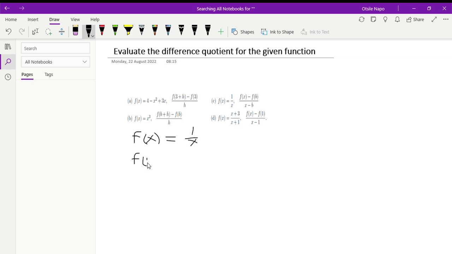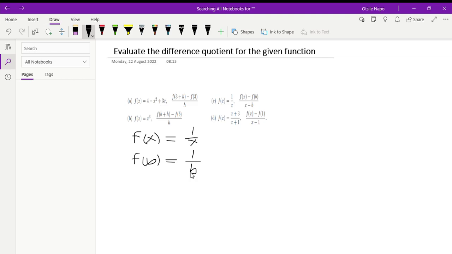So f of b equals 1 over b, because in f of b we replace x with b. So when we see x, we put b. Therefore, we have our formula f of x and f of b.